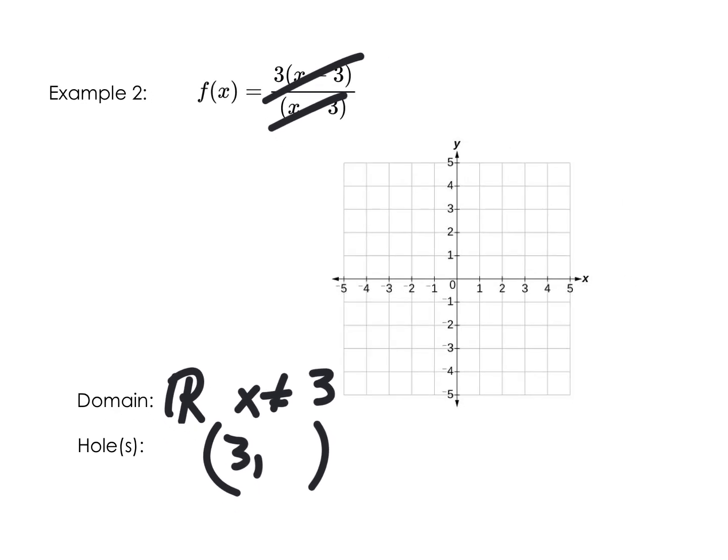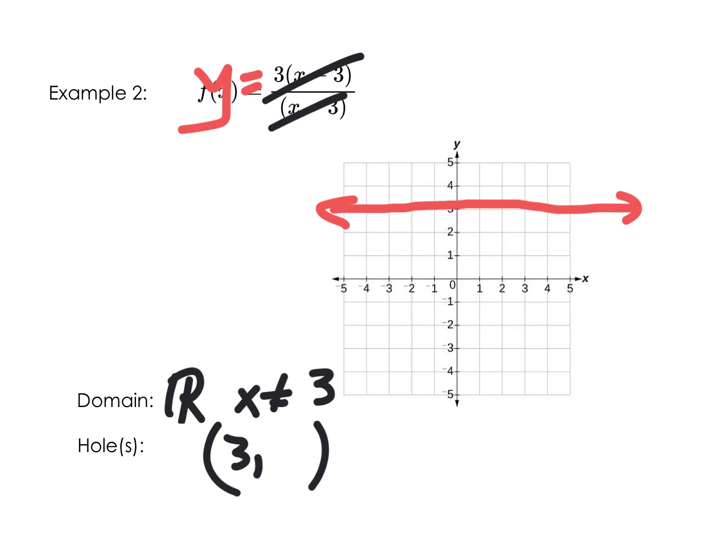Where's the rest of the hole? I get that this is a weird one, but let's look at what's left. Y equals 3. That's the line y equals 3. It's a straight line at 3. But wait, there's a hole, isn't there? Yes, there is.